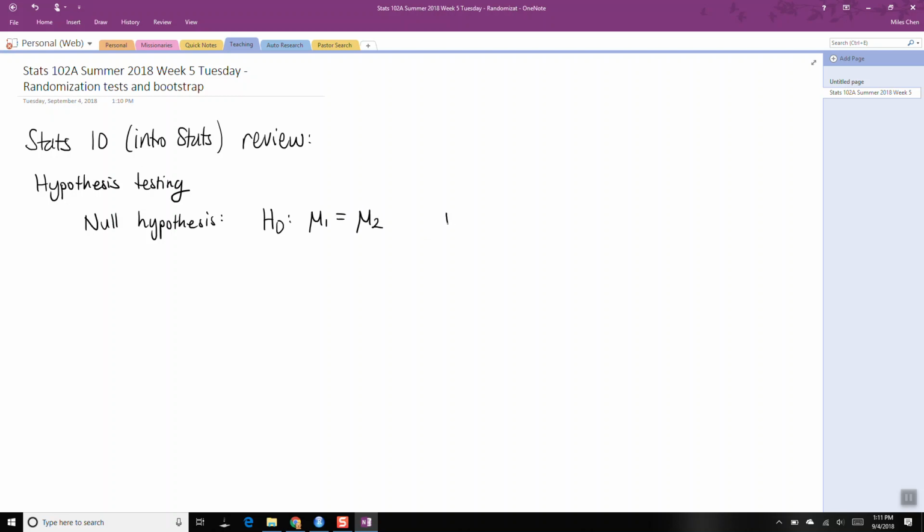Here we are testing to see if two populations have the same mean.